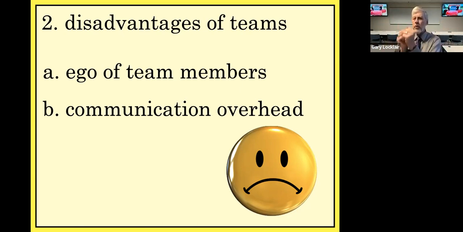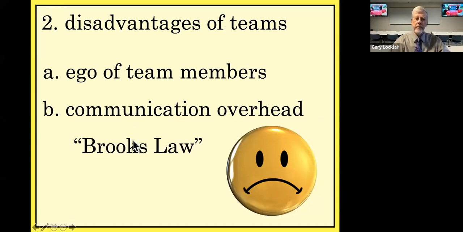You can't be, quote, working on the project if you are communicating with another person. This is something that is known in software engineering as Brooks' Law. I'm going to have you read an article by Fred Brooks. It's an old article, but everybody talks about it today.